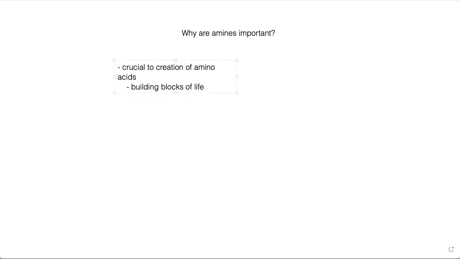And we know that amino acids are important for protein function and so many different other bodily processes, but they're also important in vitamins. Amino acids are involved in a lot of vitamins.